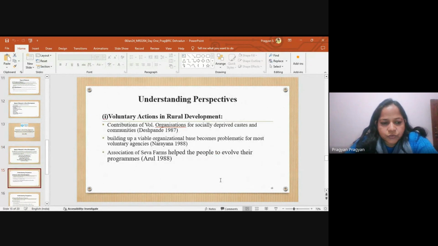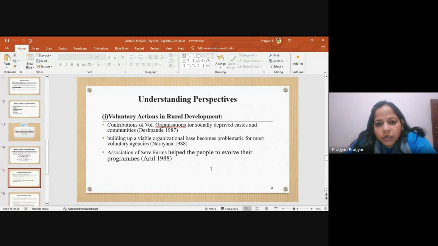I am trying to point out certain important things, like voluntary actions in rural development. These voluntary actions mean civil society organizations in collective terms. It all started from the sixth and seventh five-year plans.